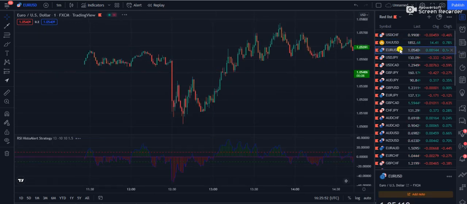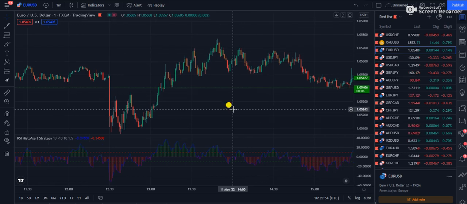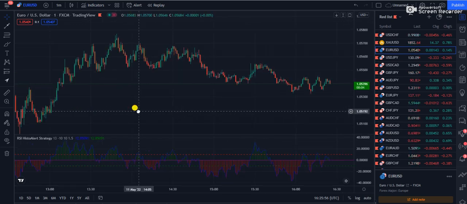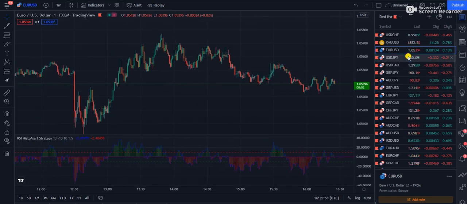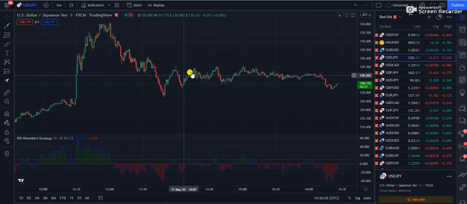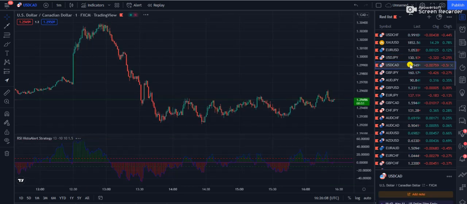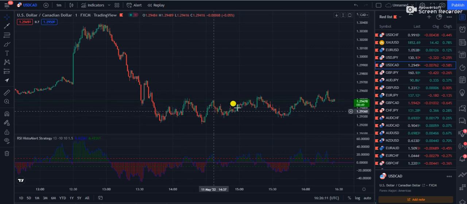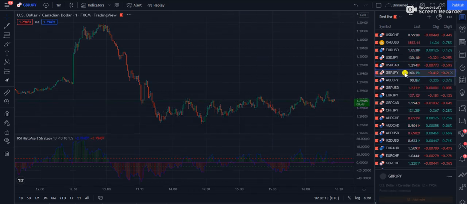All you need to do is choose the volatile pairs and not trade the slow momentum of the market. Otherwise you can get stuck, because slow momentum means you can be stuck anywhere. For example, look at USD JPY. This is classical slow momentum, so we cannot trade that one, because you can expect random signals. Even USD CAD is completely flat.